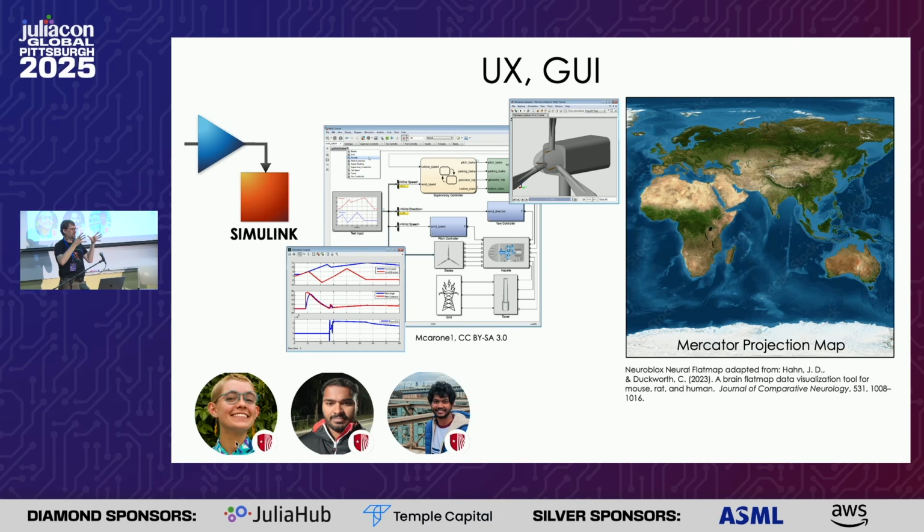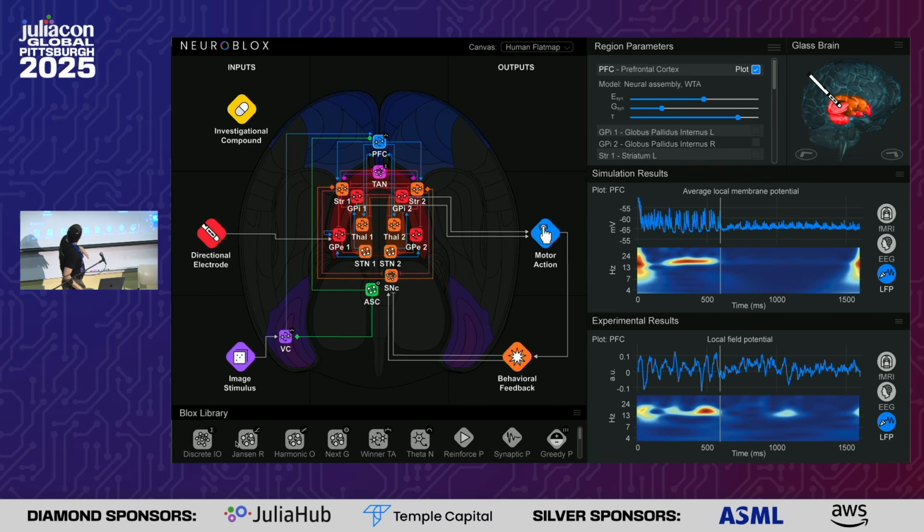The problem with the brain is that it's 3-dimensional, and all the regions are in 3 dimensions. And a GUI is 2-dimensional, right? So how do you show a 3-dimensional brain in 2 dimensions without having to rotate and project and so on? So we came up with this idea.